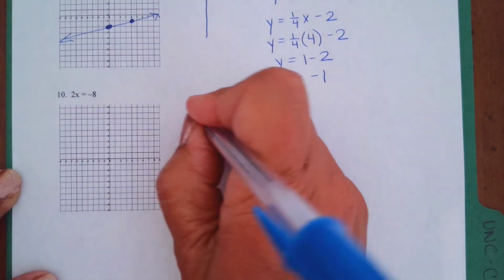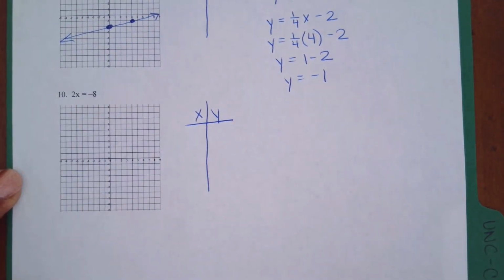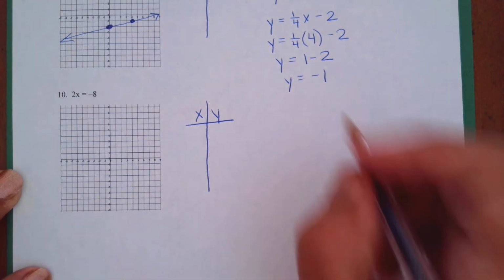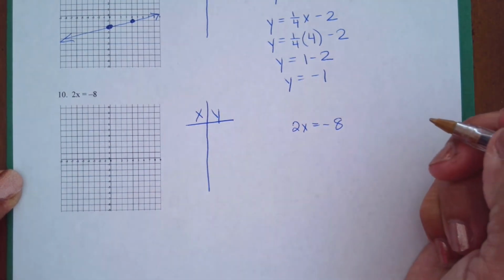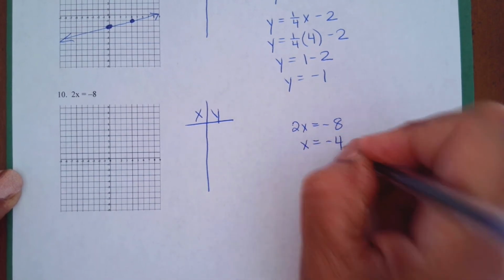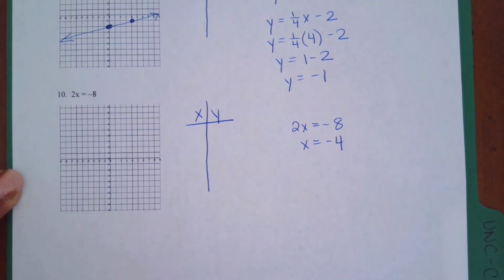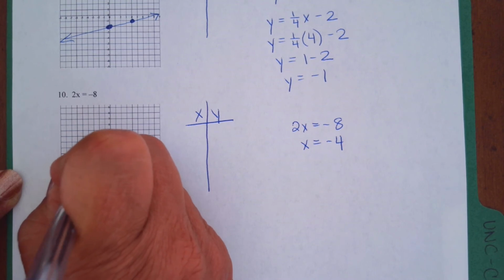So again, pick some numbers for x and see what happens. If I take 2x equals -8 and I divide by 2, I get -4. So I know this is a vertical line that goes through -4, right? So there's a point right there, -4, 0.